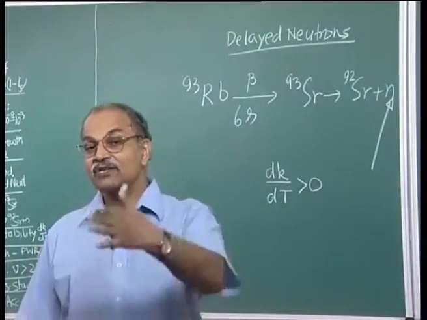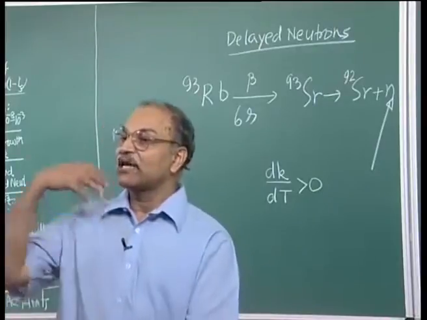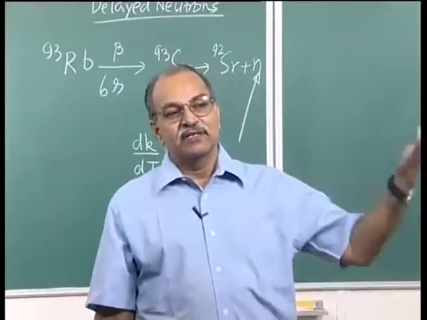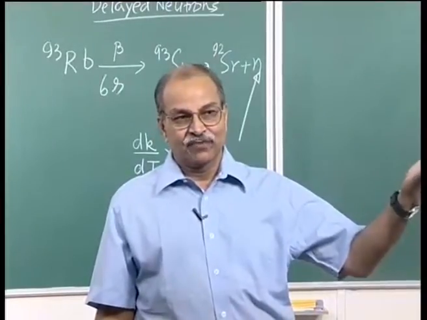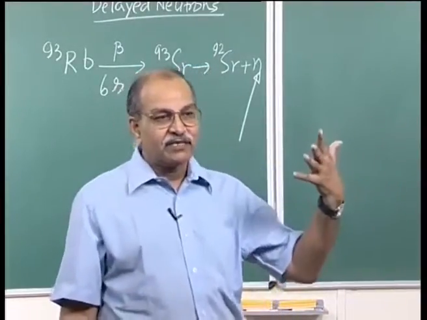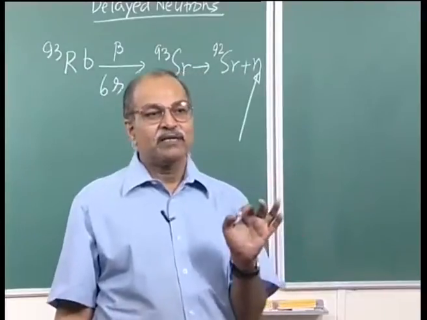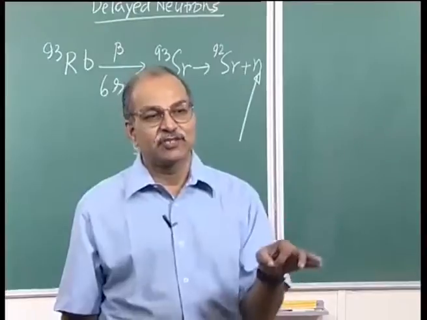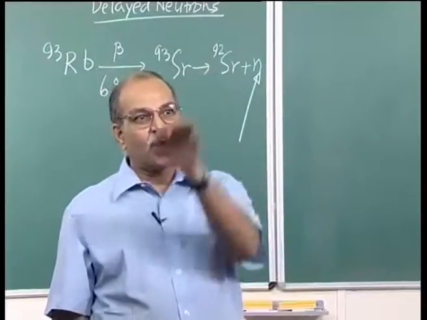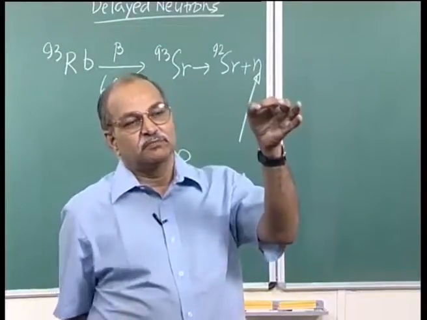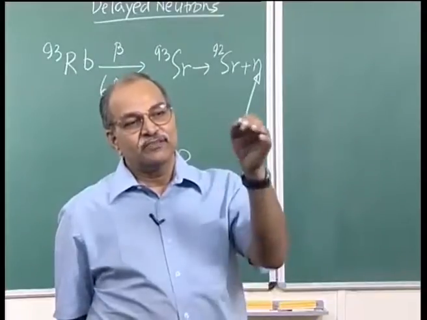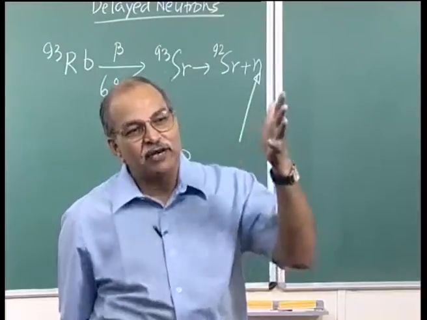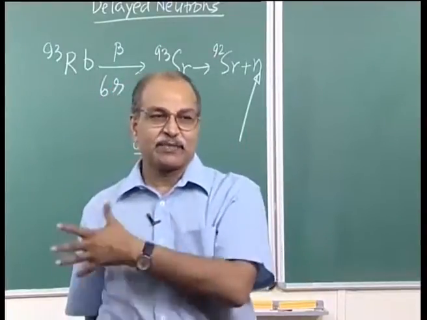And as the reaction rate increases, the temperature will rise further, and as the temperature rises further, the reaction rate will again increase. So, it is something like an unstable equilibrium in mechanics, where you are sitting at the top of a potential function, and if you slightly displace it, it gets displaced further and further.